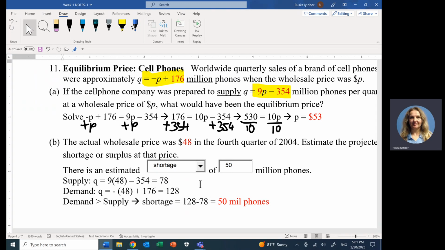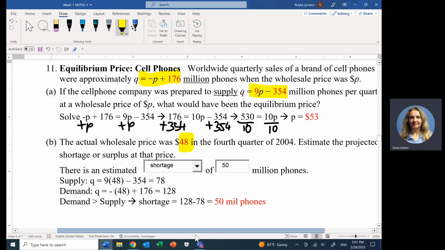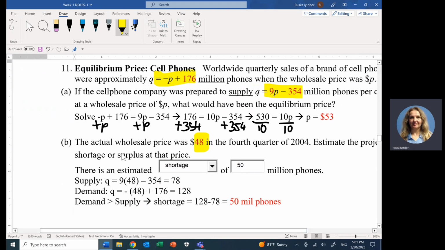Whatever you supply is going to be sold. But here they're saying if you sell the phones for $48 instead of 53, we need to estimate the projected shortage or surplus at that price.